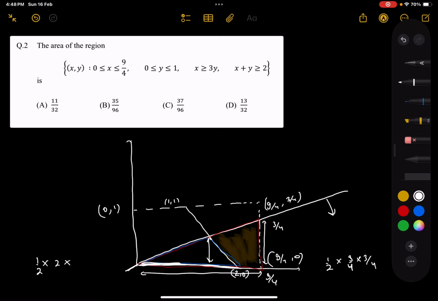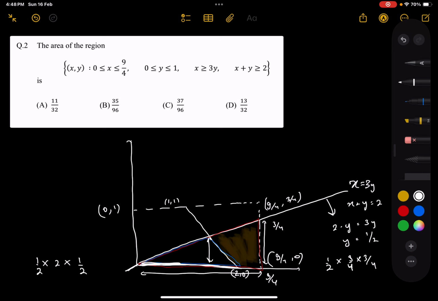This is the point of intersection of the line x equals 3y and x plus y equals 2, and I want to find the y coordinate. So 2 minus y equals 3y, which gives me y equals half.